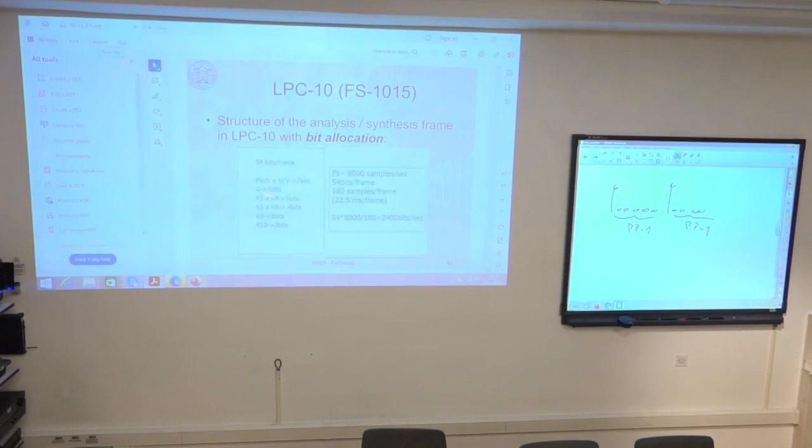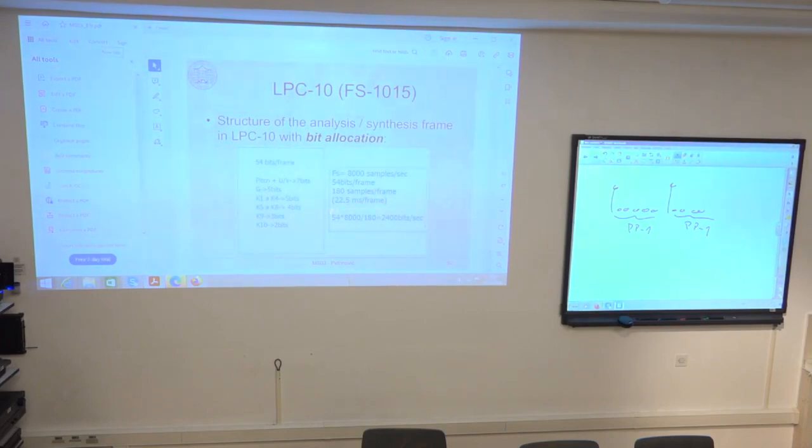So altogether, when we add up, it is 54 bits per frame. And since the frame advance, or this advance of the analysis frame is 180 samples, and that is 22.5 milliseconds, for 22.5 milliseconds I will use the same set of coefficients, all of them, pitch, gain, and K1 to K10.